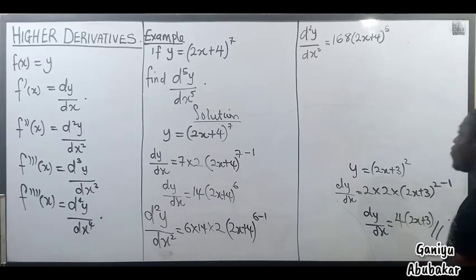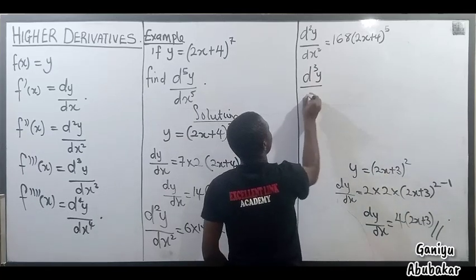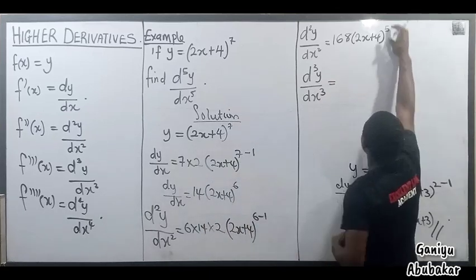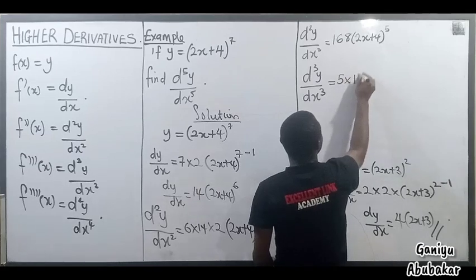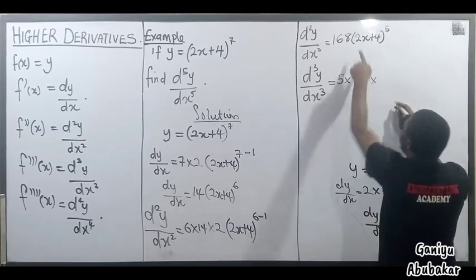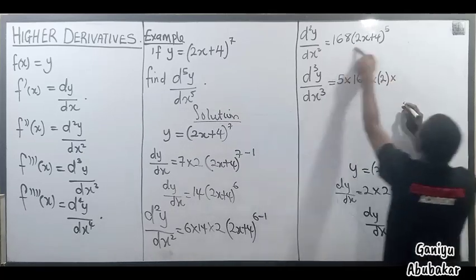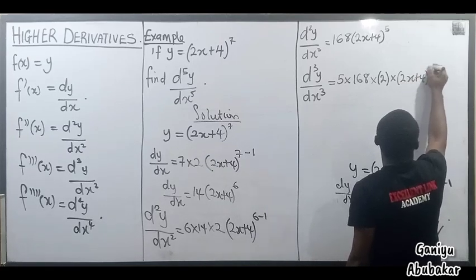Let's get d³y/dx³. So d³y/dx³ will be equal in value to, we said, put down the power, that's 5 times what I'm seeing here, 168. Next up, differentiate the term in brackets. I'll have 2. Next up, repeat the term in brackets, that's (2x + 4) all to the power 5.